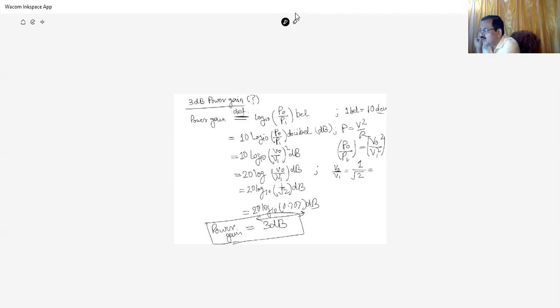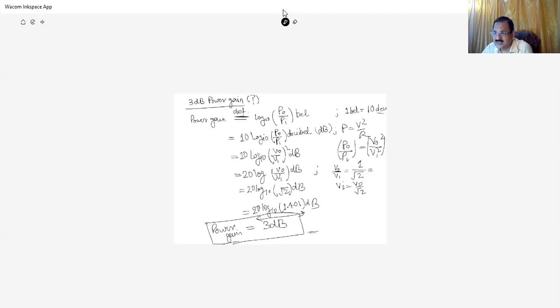If we modify it, Vi is V0 by under root 2.